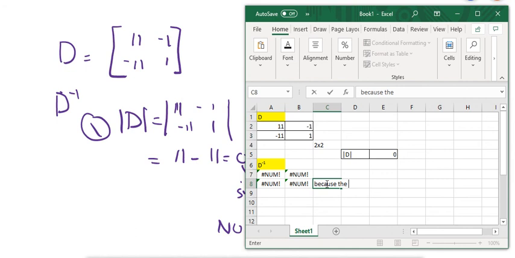The determinant of D is 0, so here there is no inverse.